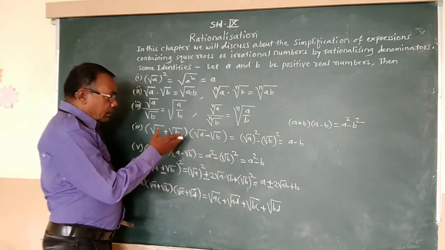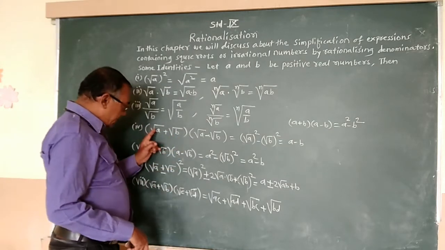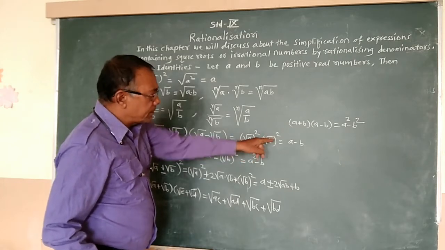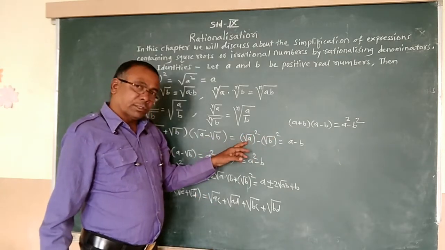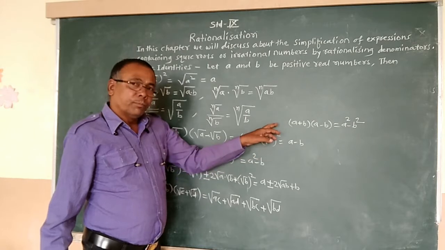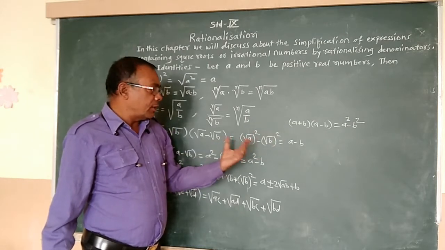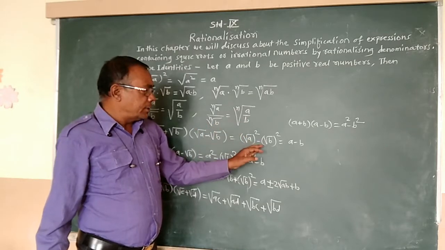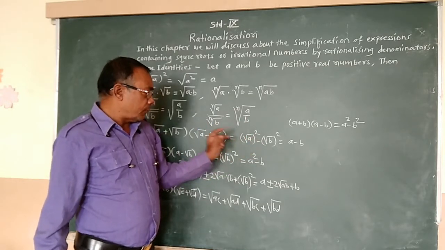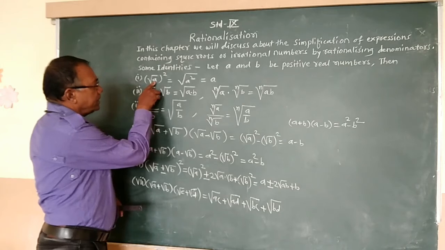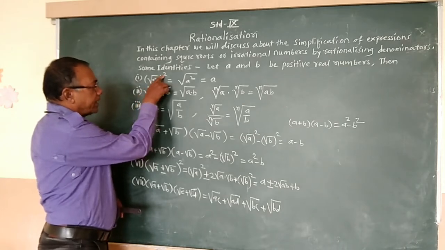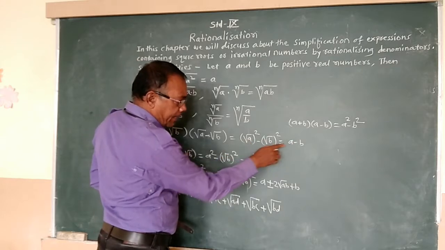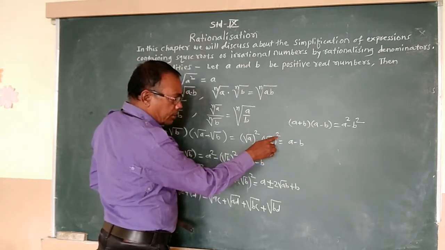So our solution will be root a square minus root b square, meaning the square of the first term minus the square of the second term. We have seen that the square of root a is a, and the square of root b is b.